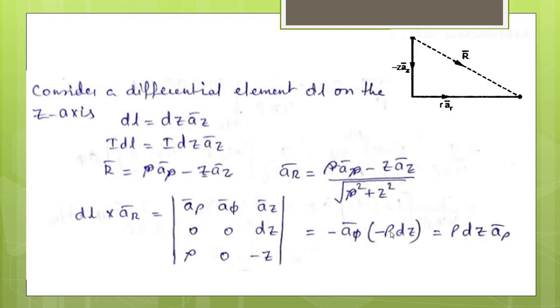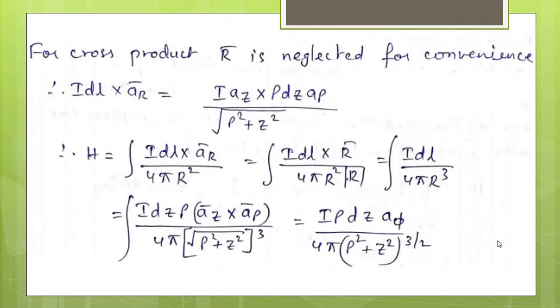Minus minus becomes plus, so we have rho into dz into a rho. For the cross product, we can just neglect this R term for convenience. So write I dl cross aR is equal to I az cross rho dz a rho divided by the square root of rho square plus z square.